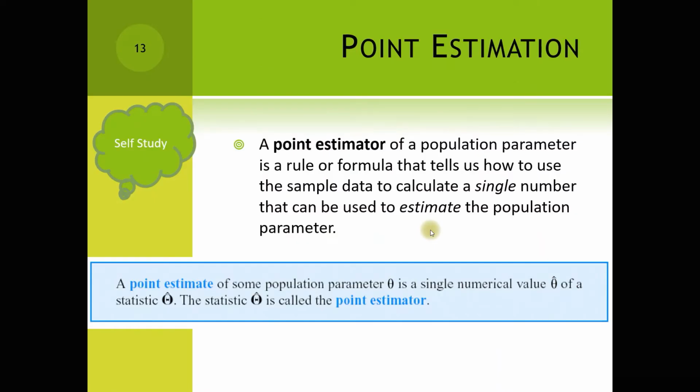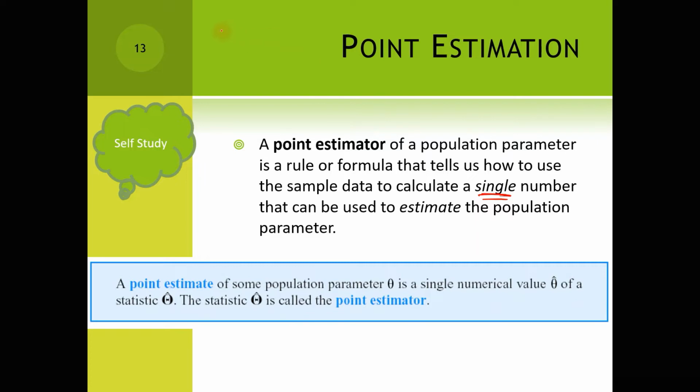Normally, a point estimator of a certain population parameter is a rule or formula that tells us how to use the sample data to calculate a single number. It's very important to note that: a single number that can be used to estimate the population parameter. We'll get back to that in a moment. But let's try to understand what is said here. A point estimator is a rule or formula that we'll use.